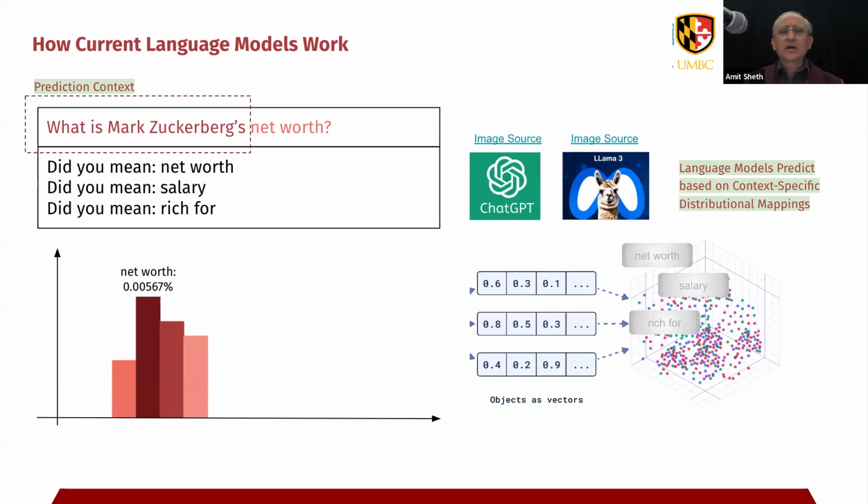So current language models, I think most of you and probably all of you are well aware of how they work, and they are probabilistic in nature. That works fine for some cases, and especially when you're harnessing the power of large data, that works very well. And these language models predict based on context-specific distributional mappings.